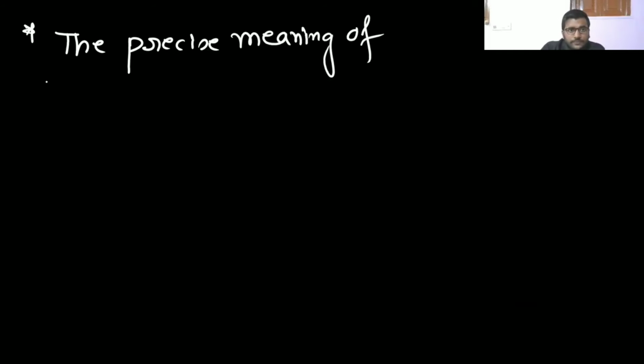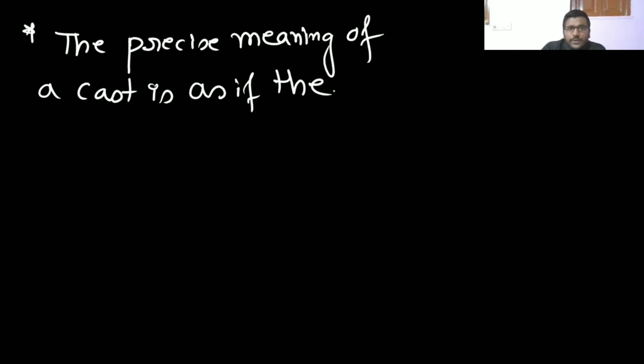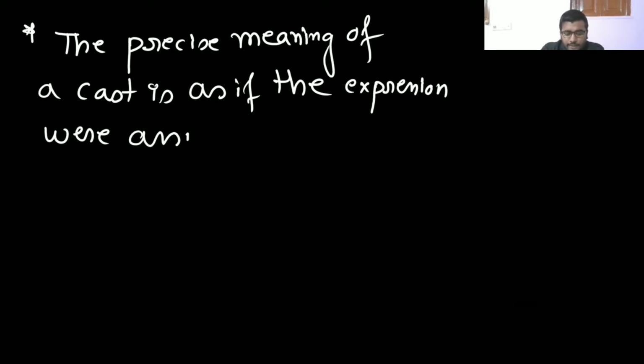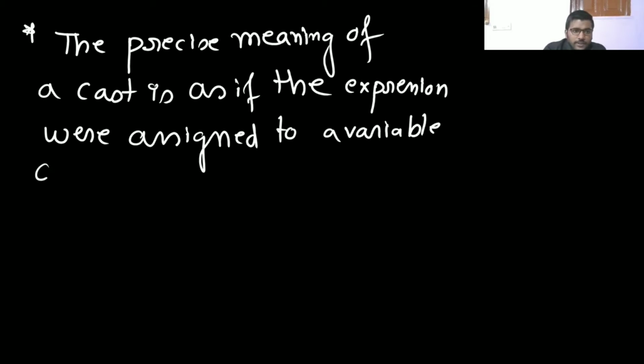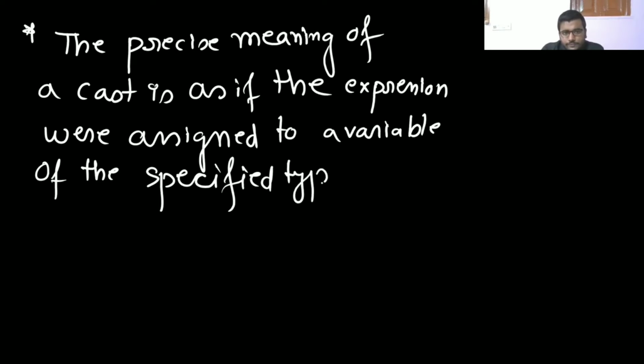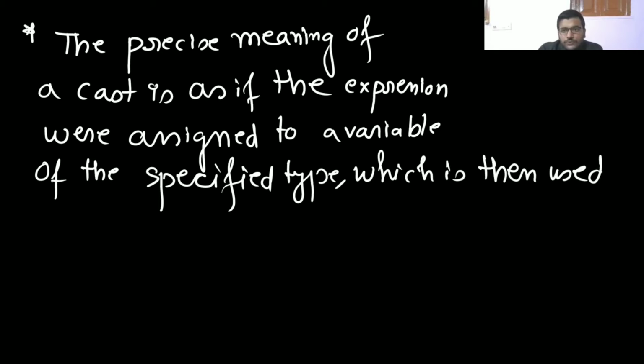The precise meaning of a cast is as if the expression were assigned to a variable of the specified type, which is then used in place of the whole construction.